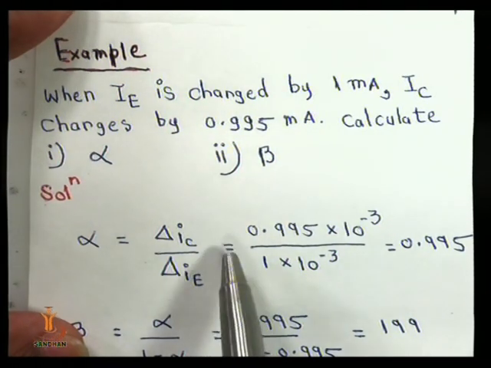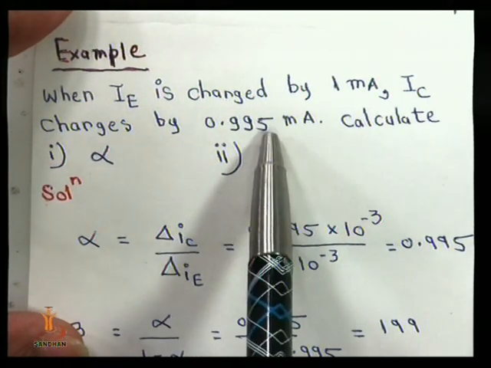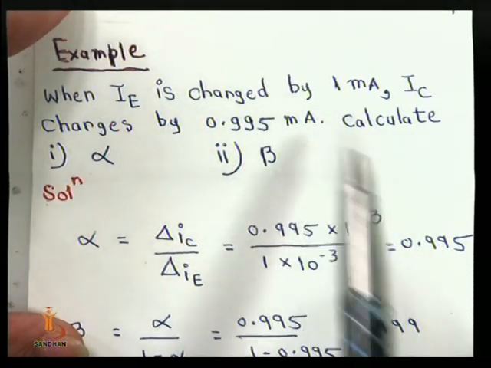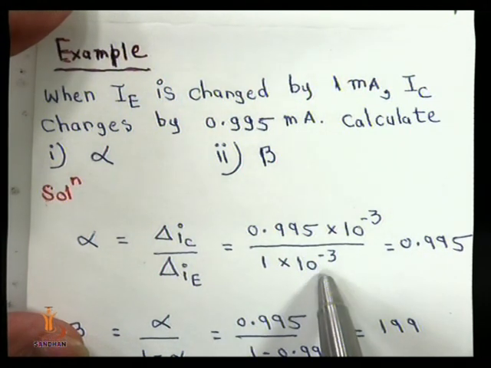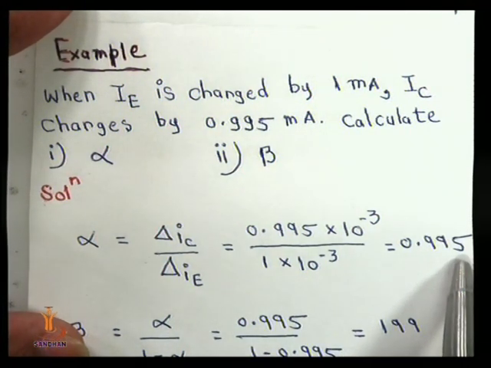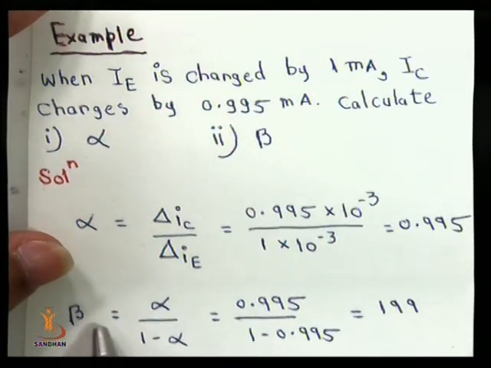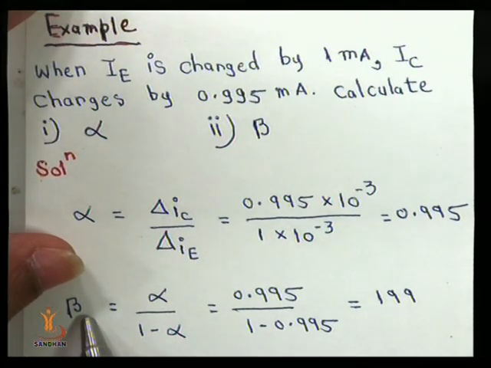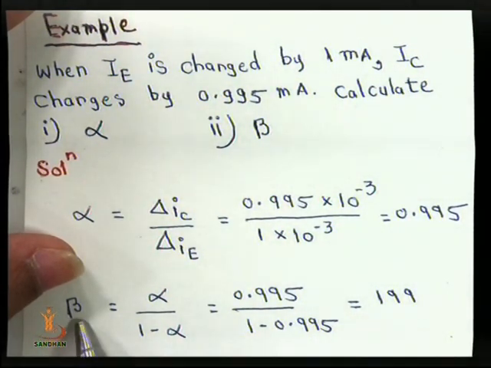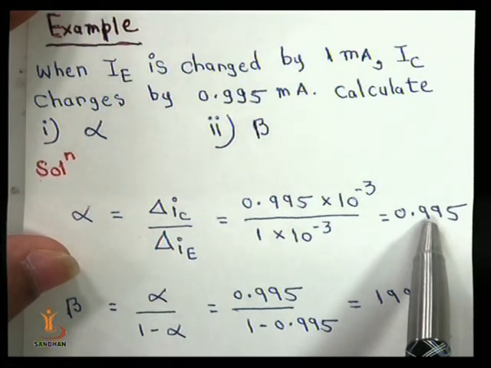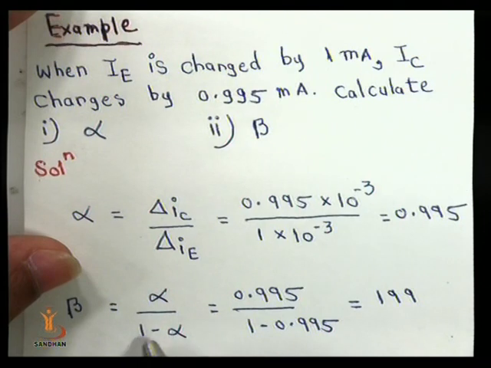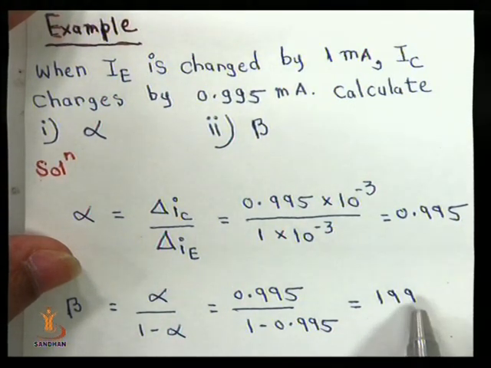The value of del IC is given, and it is 0.995 milliampere, so we are converting into ampere. Del IE is 1 milliampere. So the value of alpha is 0.995. Now what is beta? As we have derived in the above equation, beta is nothing but alpha upon 1 minus alpha. Alpha we calculated, that is 0.995. We can place over here 1 minus alpha, and we get 199.